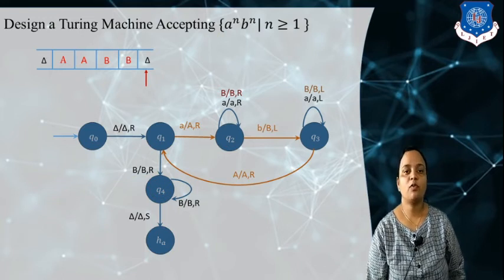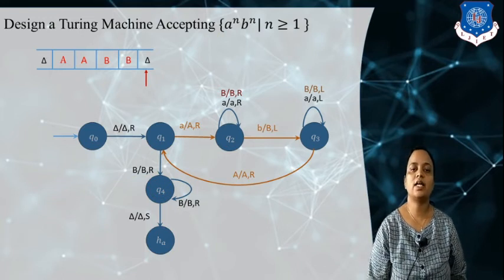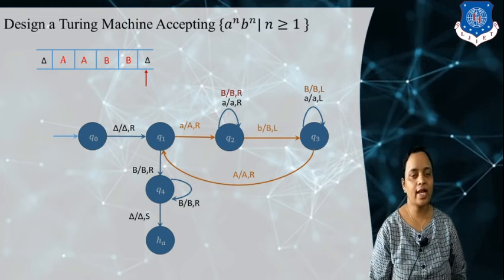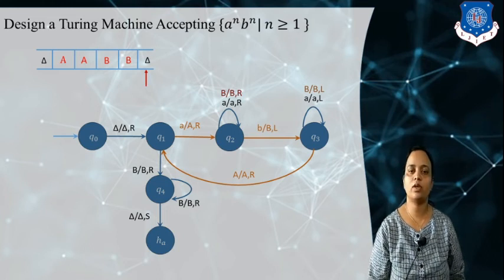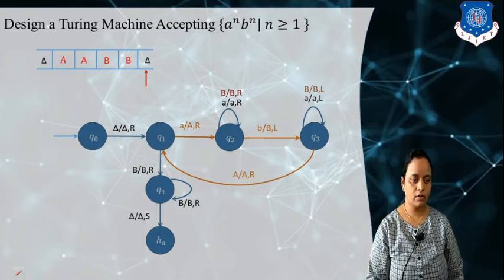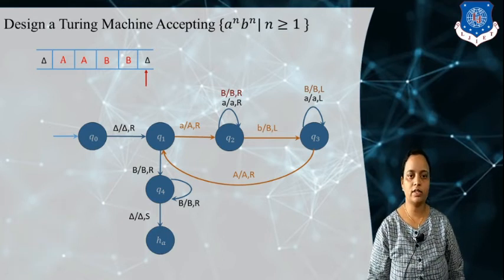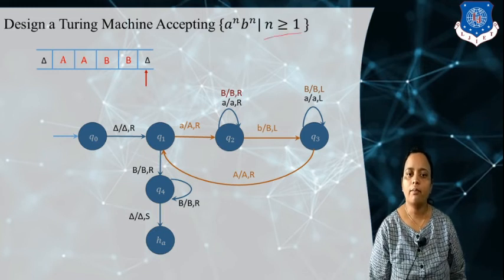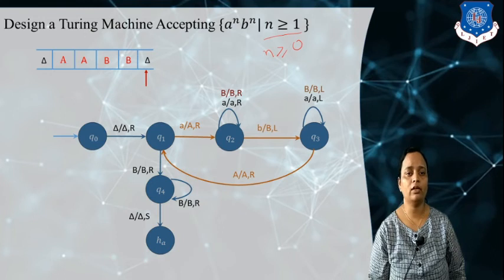So in this way we can design this state transition diagram which accepts the language a raised to n, b raised to n where n is greater than or equal to 1. One thing you need to consider over here: if my n is greater than or equal to 0, what change should occur in this transition diagram?